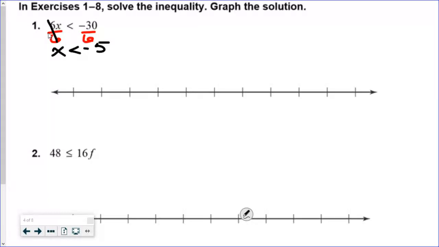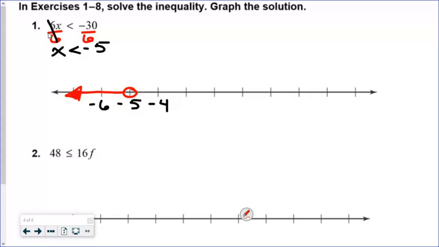I will be taking off if it's not. And then I just really need 3 numbers, -5, -6, -4. People are still doing that wrong. Hollow circle, it's a less than, and shading that way. Okay, that one wasn't too bad.